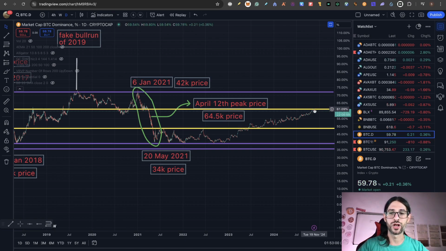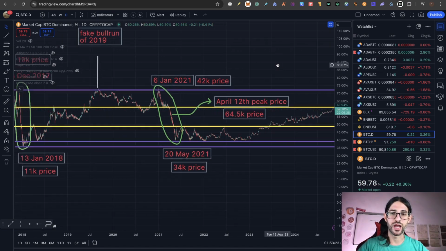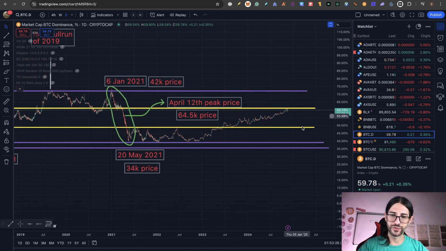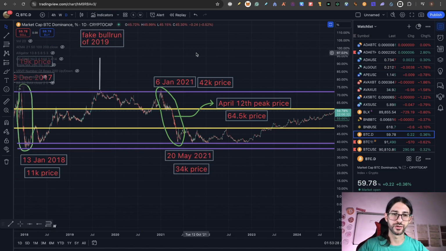That could be right now at 61%, or it could be in a couple of months around 70%. Then you know that we are going to be close to the top of Bitcoin in terms of price action. And then when the Bitcoin dominance goes below or around 40, you are probably already topping out on the altcoins. And in all that dump is what we are going to be calling the altcoin season.